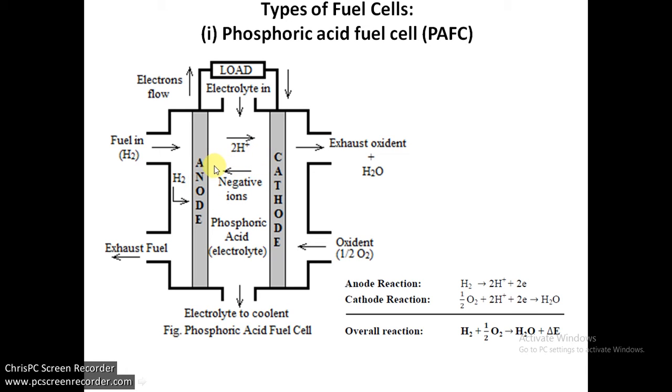So simple reactions occur. Hydrogen dissociates at the anode, as you can see here, into hydrogen ions and electrons.